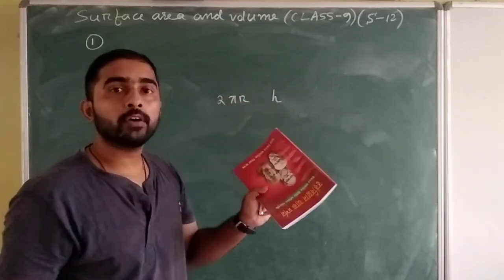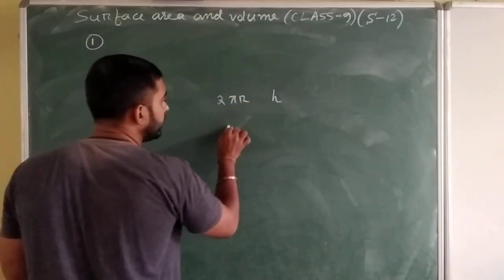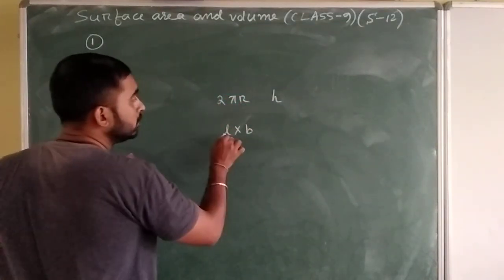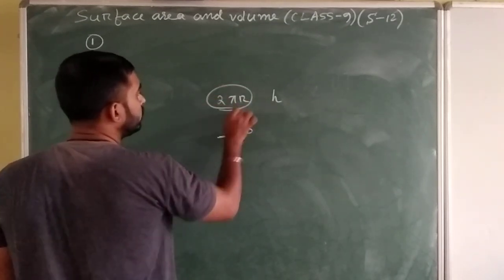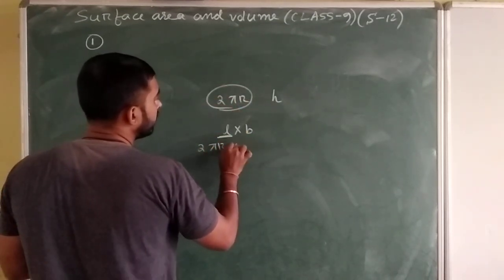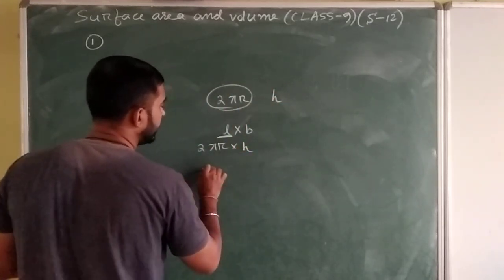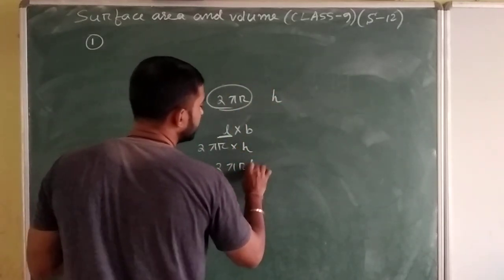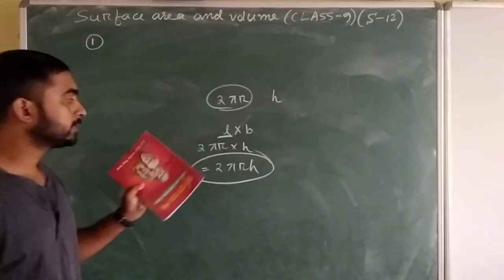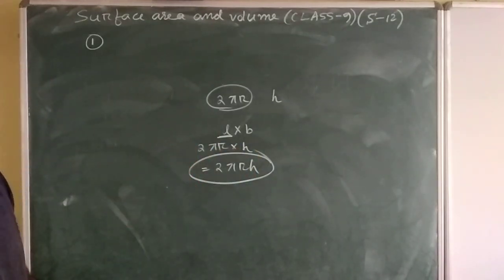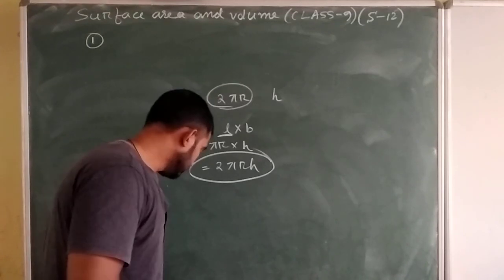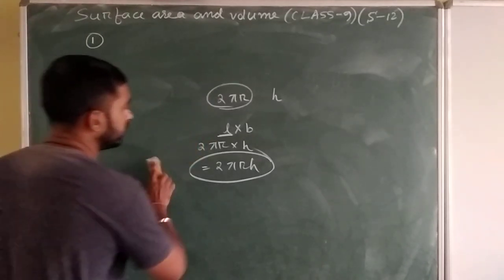Now what is the area of a rectangle? L into B. So here L equals 2 pi r, and breadth equals H. That's why 2 pi r h. This is the curved surface area of the cylinder.